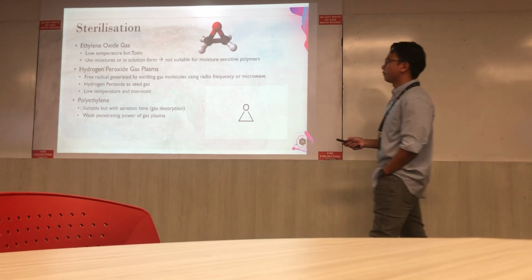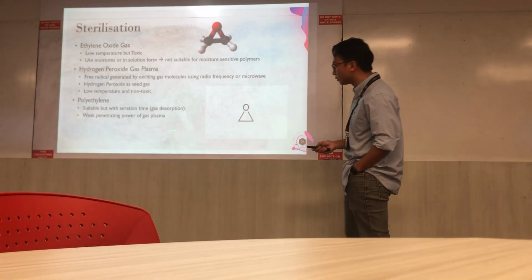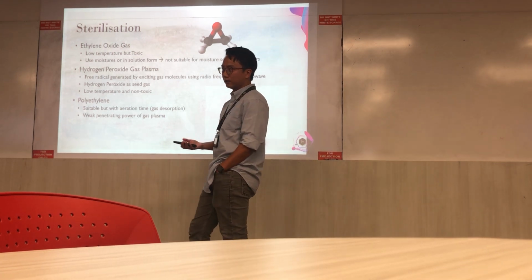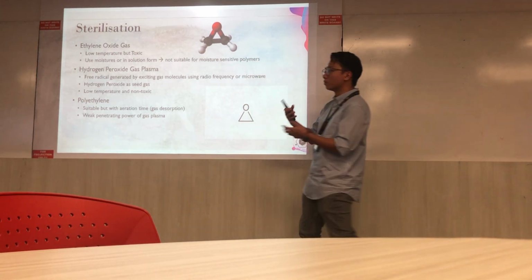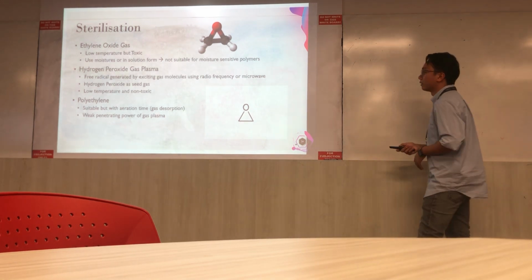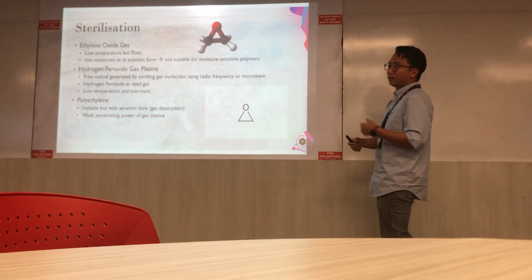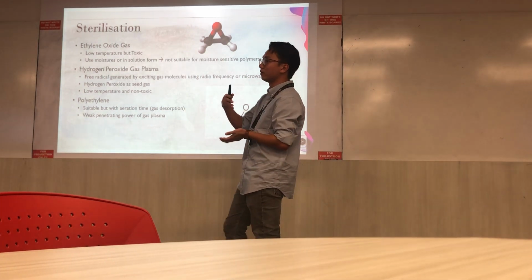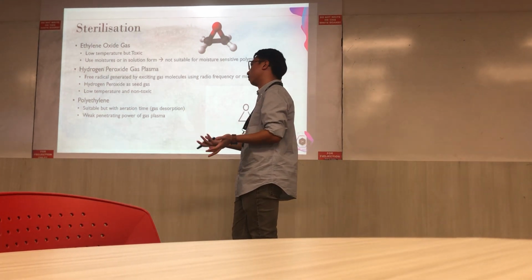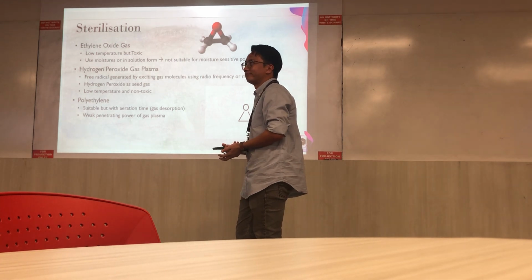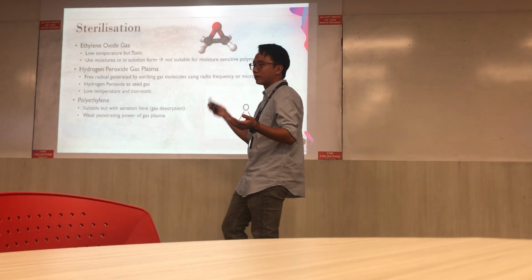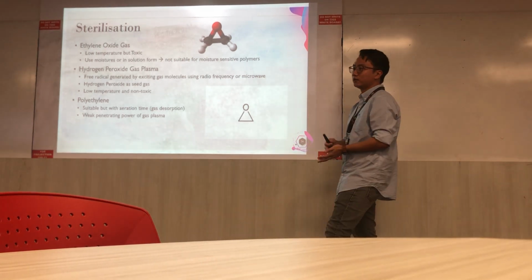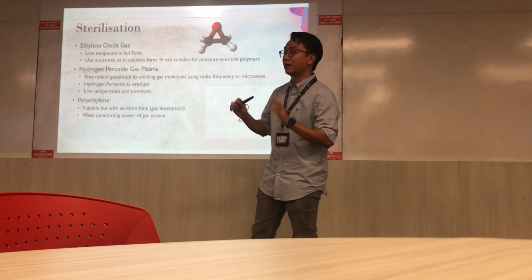But gas plasma is weak penetrating, so if you have a material with an intricate design, with holes and things like that, you may end up just sterilizing the surface. For example, if you have a box and you just close the box and put it into sterilization, the surface might be sterilized, but not the inside of the box.